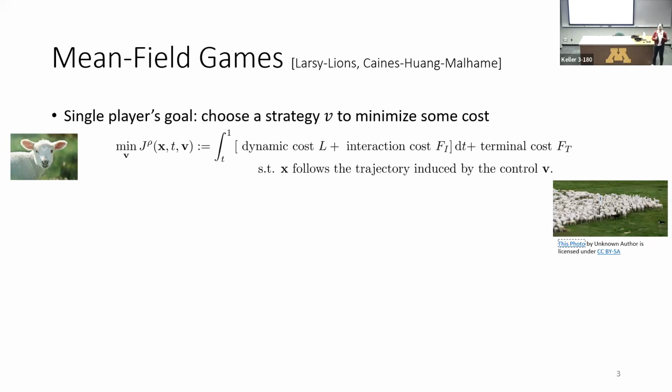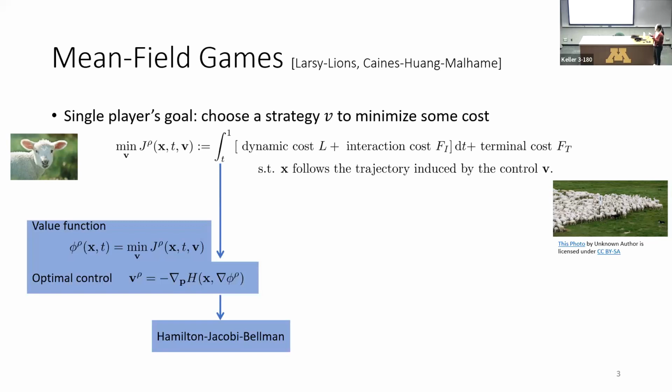Usually this cost consists of three parts. One is the dynamic cost, the second part is the interaction cost, and the third part is the terminal cost. Dynamic cost usually tells you how much effort you need to pay to move from one position to another position. Interaction cost usually tells you, when you interact with all the other players, what's the cost of doing this. And terminal cost is usually the cost at the terminal position.